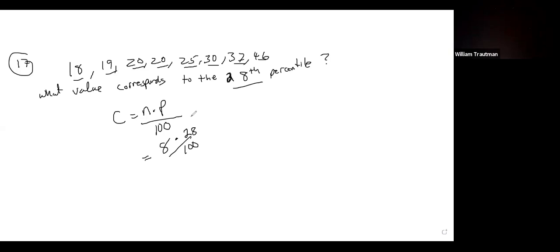Something's not right. 8 times 28 divided by 100. Yes. Did anybody get an answer yet?